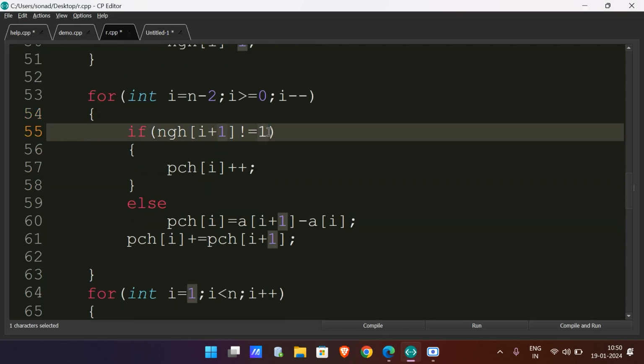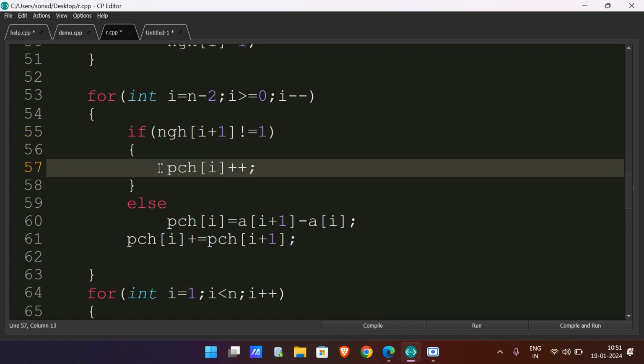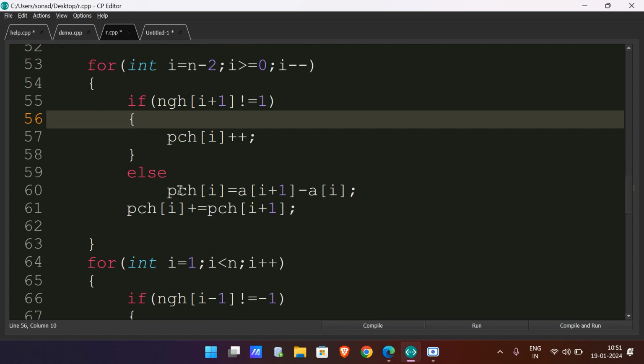If it is not at the right, it means it is 0 or -1. If it is not at the right, then it could be at the left or both. That's why I'm doing 1, that I am neighbor of that i plus 1 city. If it is -1, it means at the left.